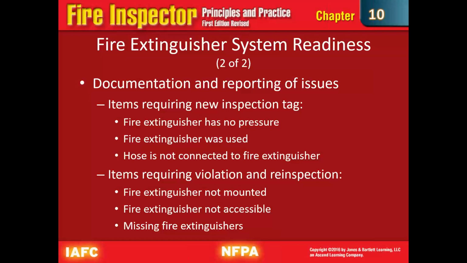The particulates being so fine, it will actually get into the valve assemblies and will allow small little gaps to remain in the valve, to where over time it will bleed down the propellant pressure. So once it's used once, no matter if it was just a little puff or the whole thing, it's done for. And you want to check and see if the hose is connected to the extinguisher. It threads into the valve assembly.